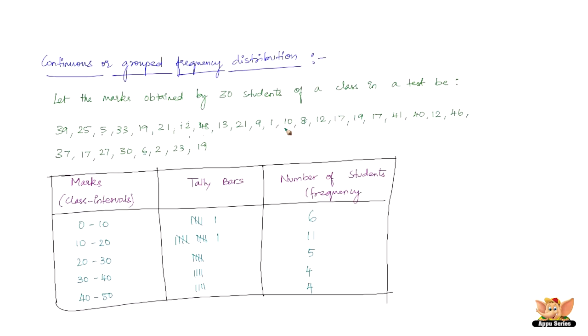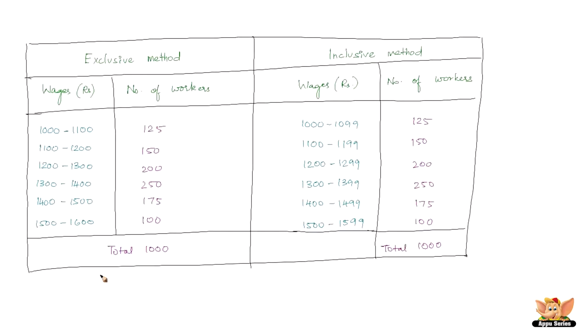So we are not including 10 in 0 to 10. This is an example of the exclusive method. I will show you a clear difference between the exclusive method and the inclusive method of class interval in the next sheet.